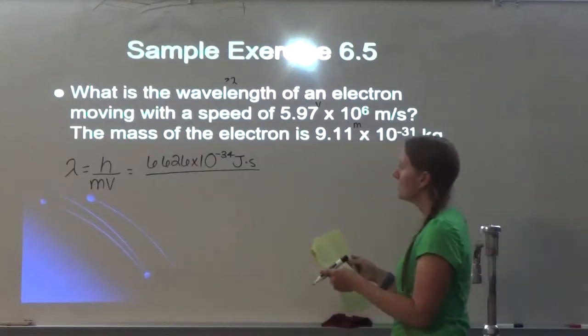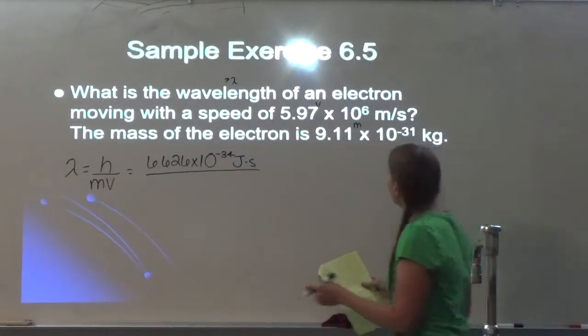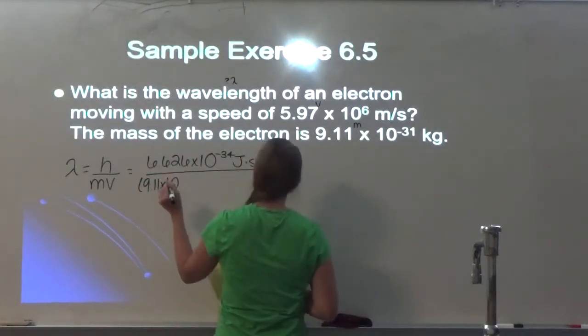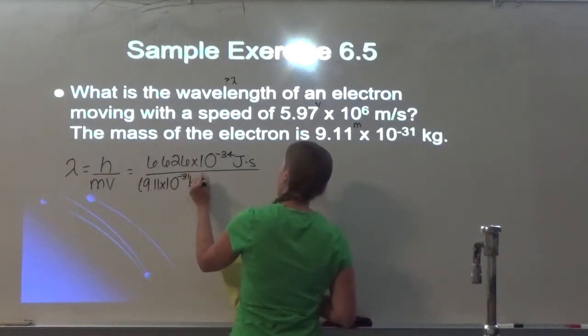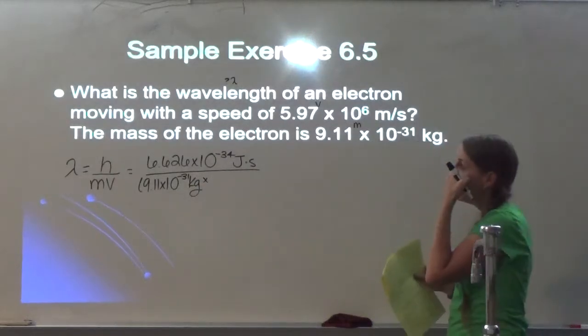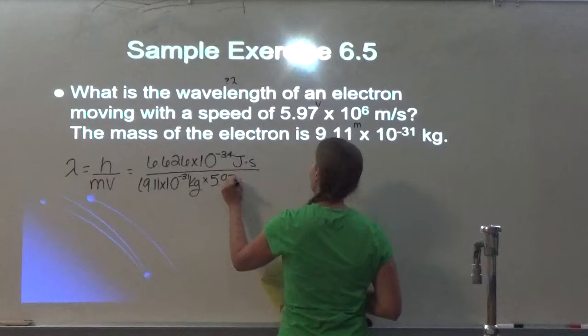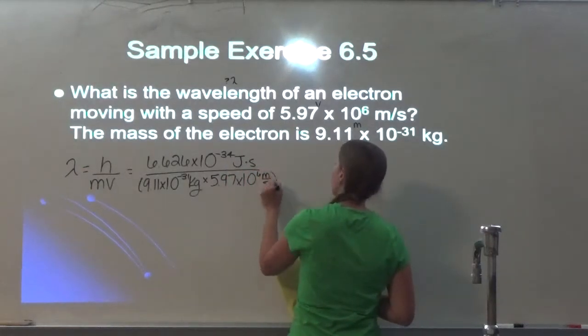Then we have our mass, 9.11 times 10 to the negative 31 kilograms, and kilograms is correct for mass for this type of problem. And then we have our velocity, 5.97 times 10 to the 6 meters per second.